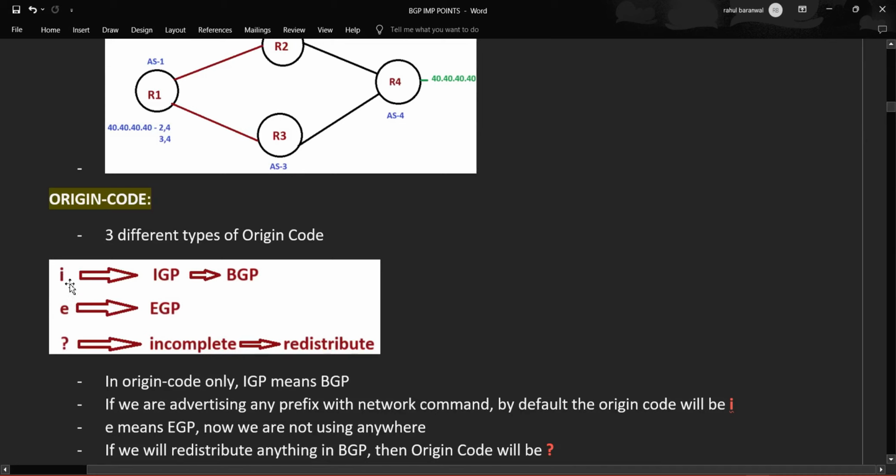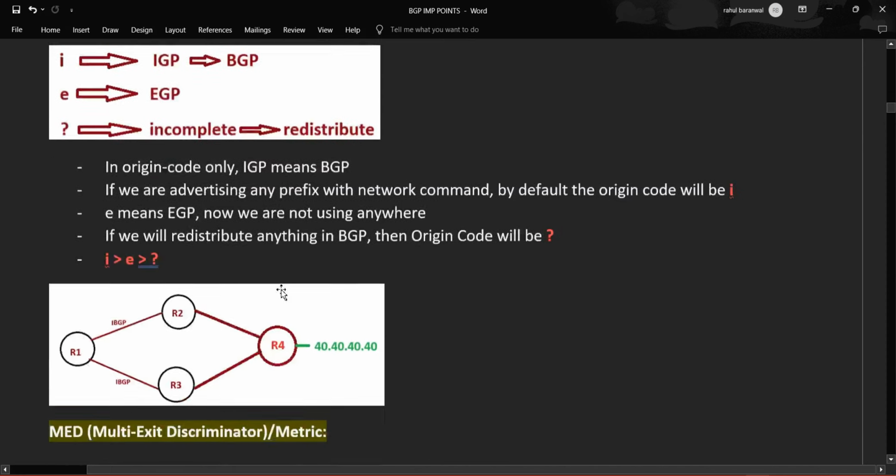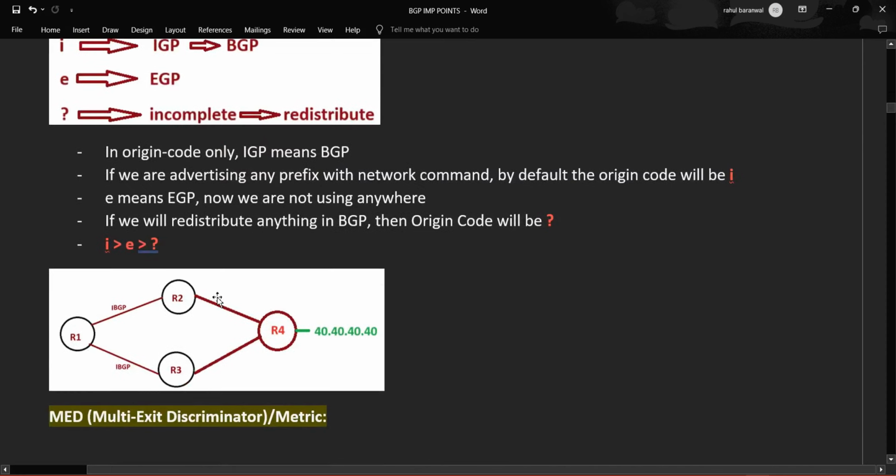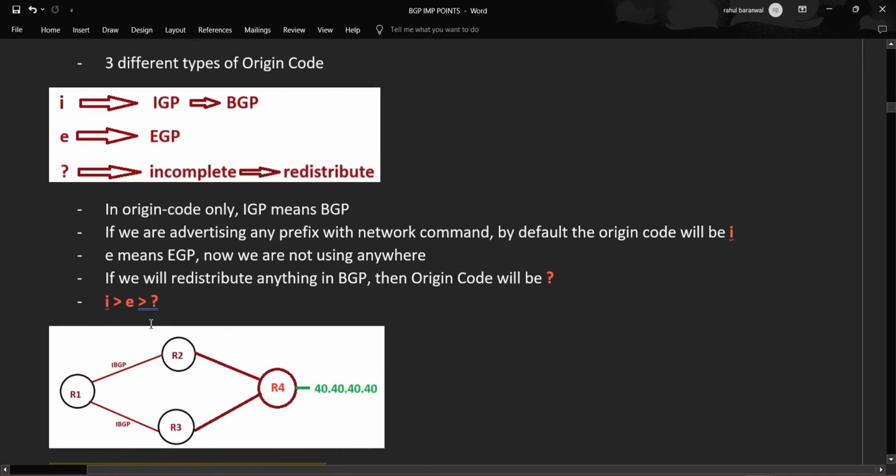Here I means IGP, and in BGP this IGP represents BGP. Suppose we have this network R1, R2, R3 and R4. If we are advertising our prefixes from R1 with the network command, then those prefixes will be shown with the I origin code.